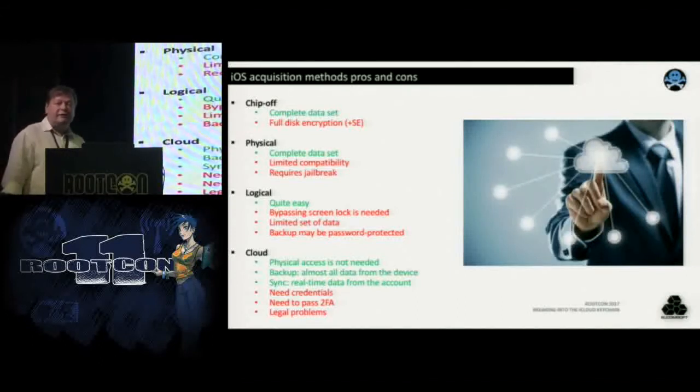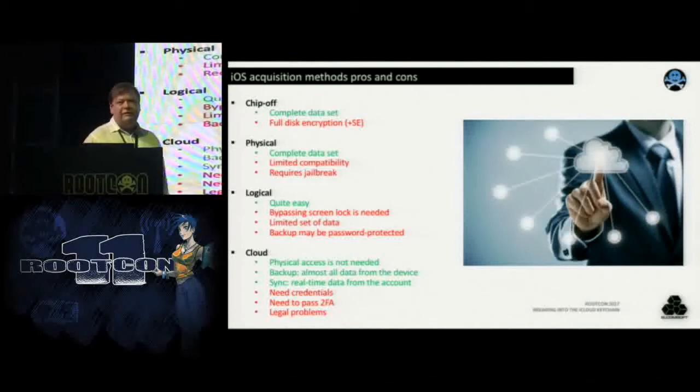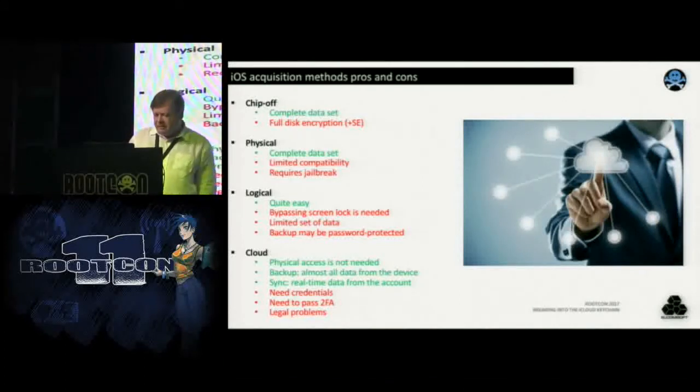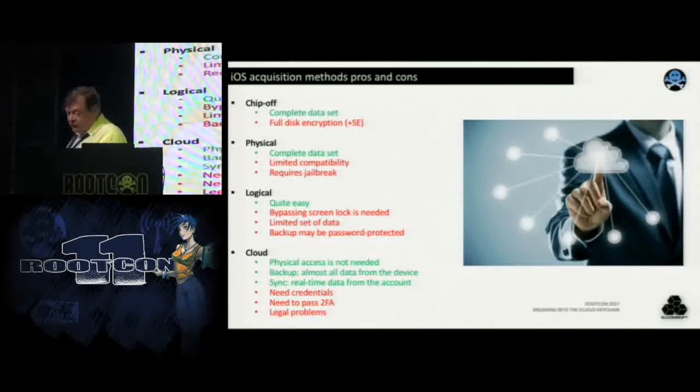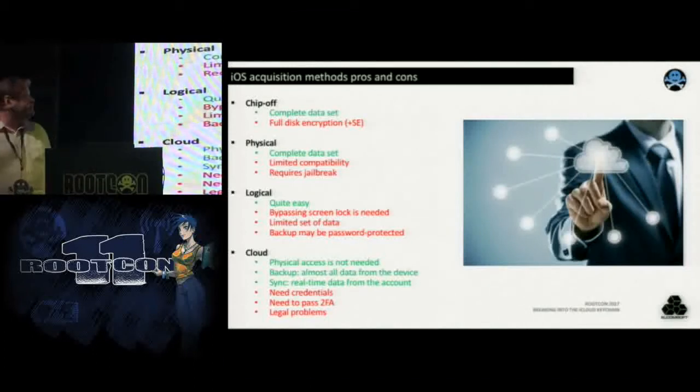For iPhones, it doesn't work because everything is encrypted there, starting from iPhone 4, and there is almost no way to decrypt. Then there is a physical acquisition, which also performs an exact copy of the memory, but nowadays it is also hard to perform and has quite a lot of limitations, especially starting from iPhone 4S.